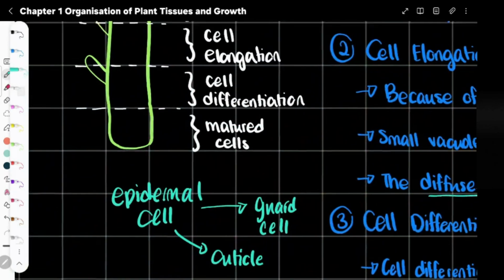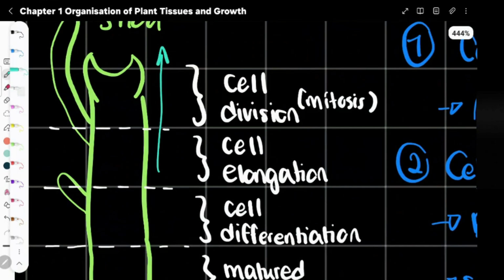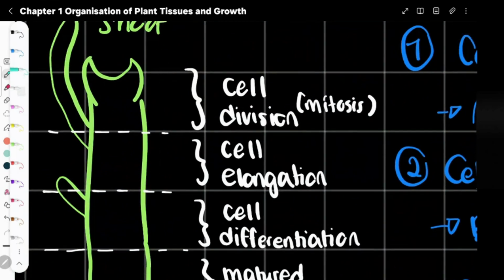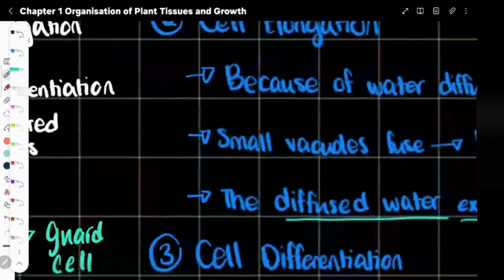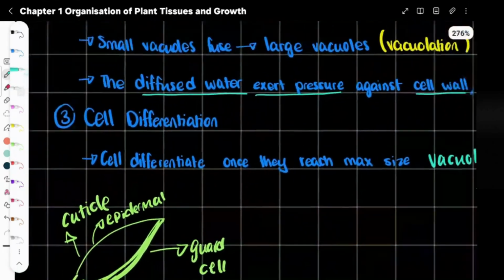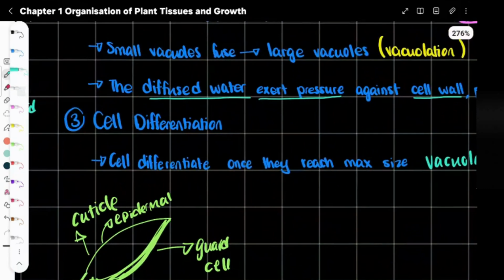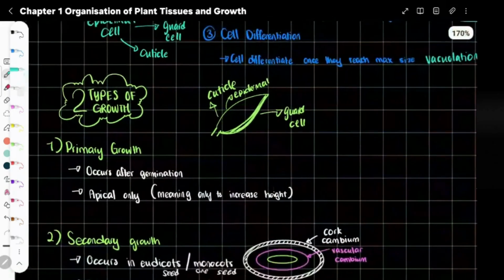After it elongates, it wants to be specialized, so it will undergo differentiation. Differentiation is specialization. So far very understandable, not too confusing. Am I correct? Type yes or no in the chat.